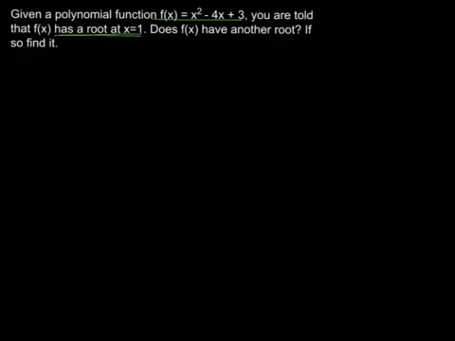All right, so let's just take stock of what we've got. We have this polynomial, and we are told one of the roots, and the question is, does it have another root? Well, what degree is this polynomial? It's a second degree polynomial. So if it's a second degree polynomial, what does that mean? If it's second degree, how many factors must it have?